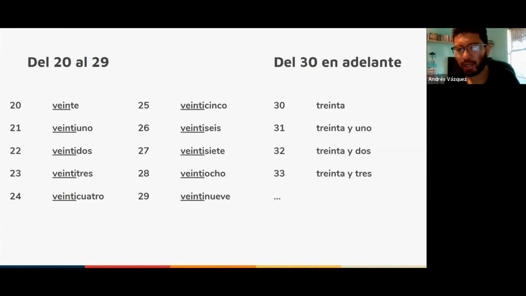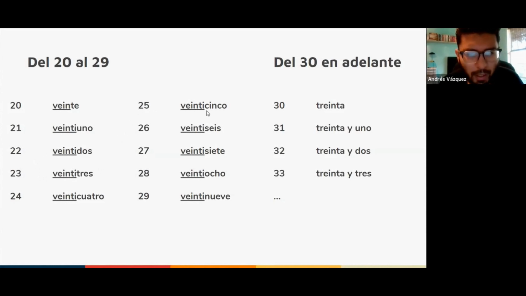And it's something similar in English. When we start counting, it's also combining two words, no? 21, 22, 23. Here we're doing the same thing, with the only difference that we included the word and, which is y in Spanish, to sort of put them together, not put the two numbers together.